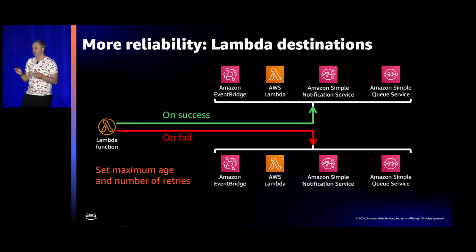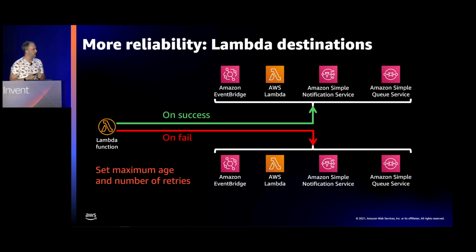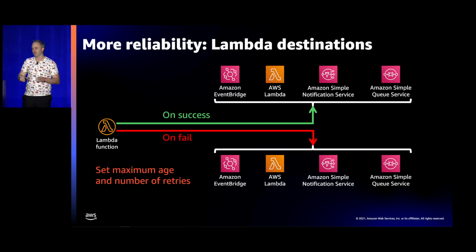Now, this was a feature of Lambda that was launched, I think, 2 reInvents ago. And what it allows you to do is if your Lambda function fails, you can route those failures to any one of these 4 services, and you can handle them later. Interestingly, if your Lambda function succeeds, you can route the response to the same 4 services.